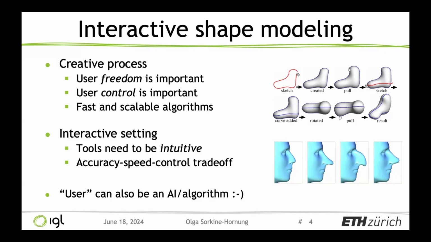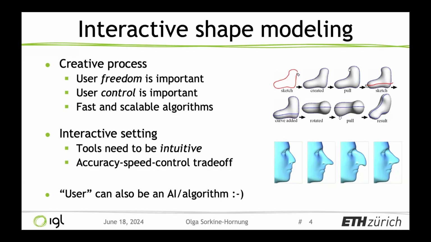And in particular, I mentioned already I work on interactive shape modeling, and it's in the name of the lab, Interactive Geometry Lab. So basically there is some user in the loop. The user, for the most part of my career, was a human, but now increasingly users can also be AIs or algorithms, as I call them.